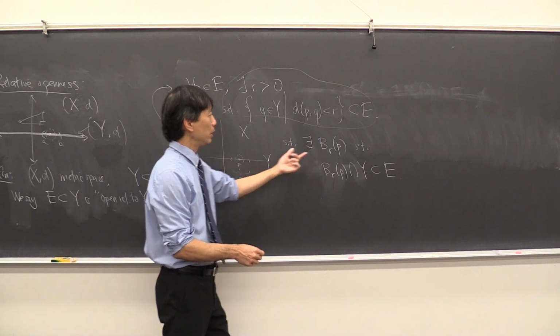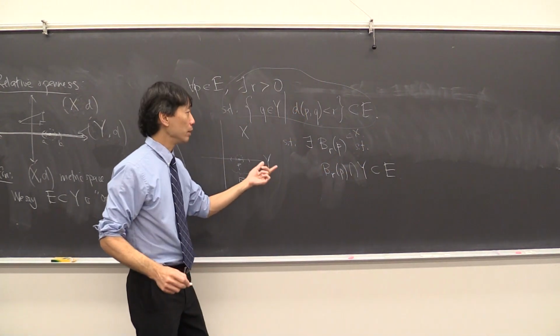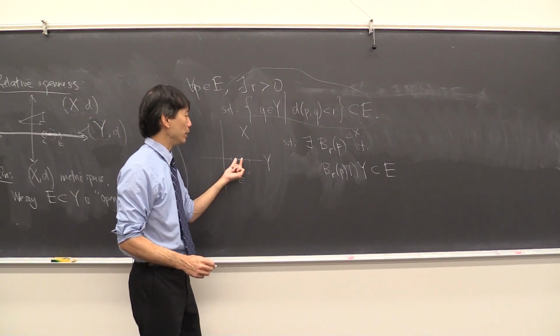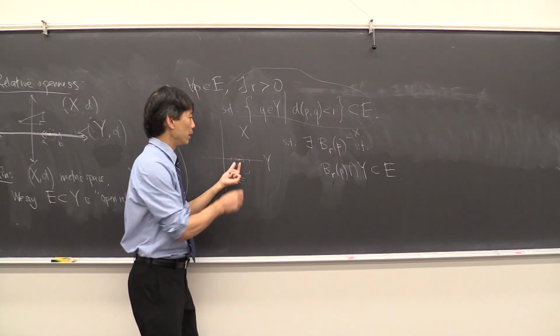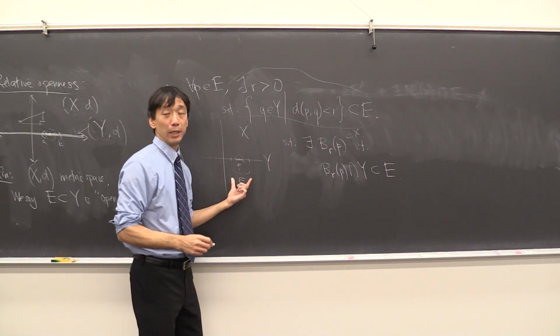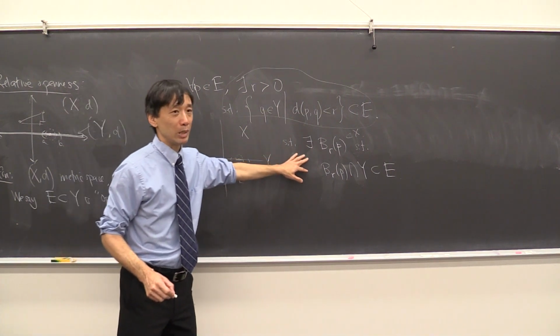There's a ball in the ambient space X so that when you intersect it with Y, the thing that you get is still contained in E. It's exactly the same thing, but I think this is easier to visualize.